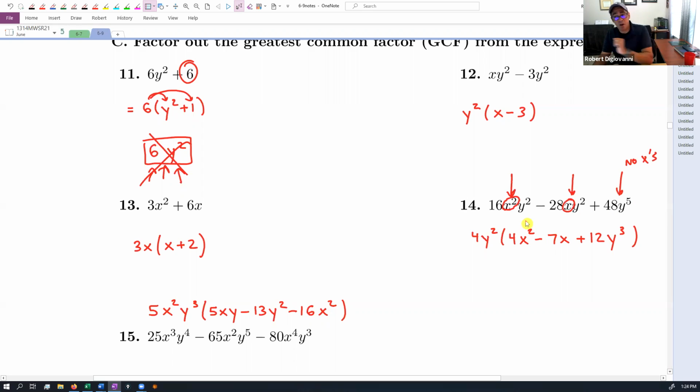Since there's no x in all of these, we cannot pull an x out in front. Whereas with this last one, we have x cubed here, an x squared here, and an x to the 4th here. So what they all have in common is at least 2 x's. Does that help clarify that? Yeah, that makes sense.